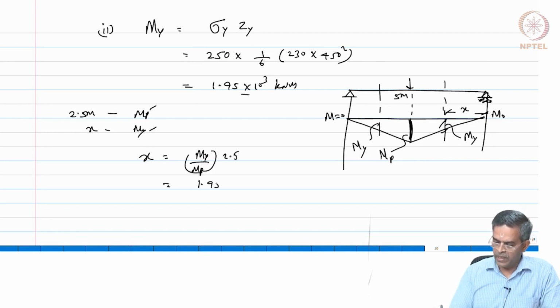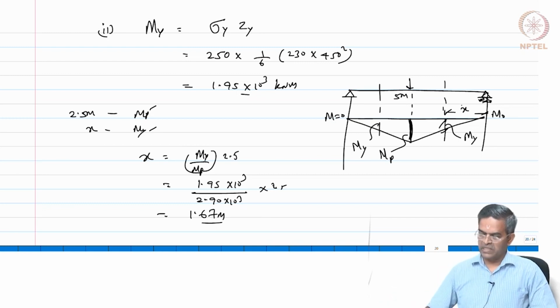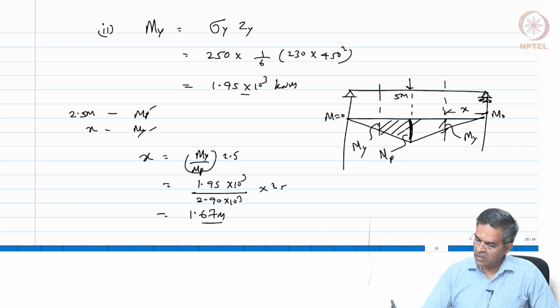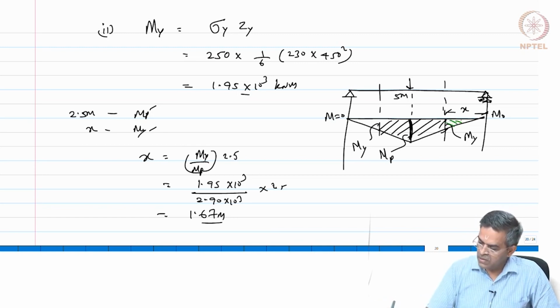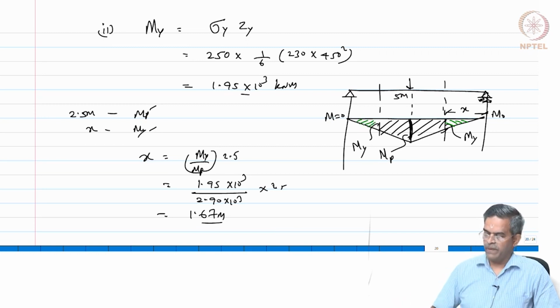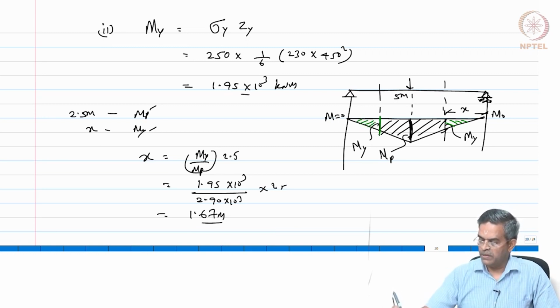My is 1.95 and Mp is 2.9 into 2.5, I get x as 1.67 meters. So, only this portion is trying to get yielded, the remaining portion is still elastic, because up to this point it is My, right.